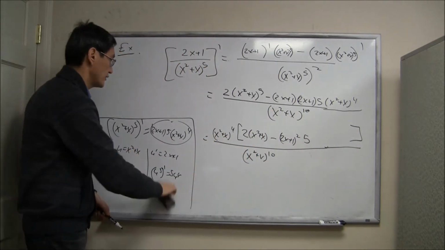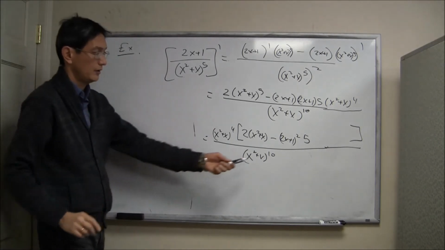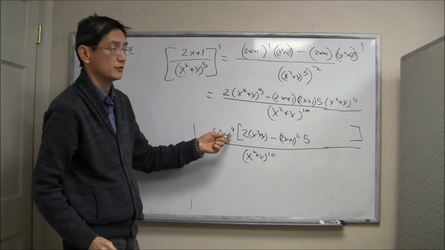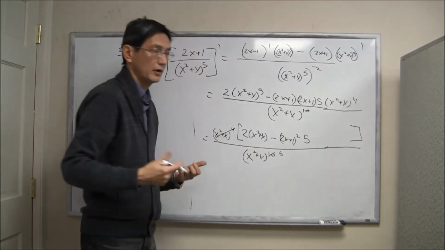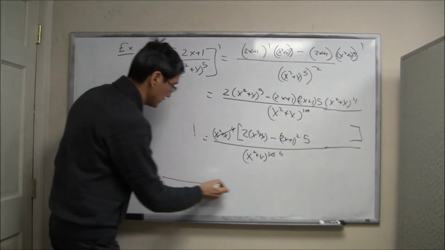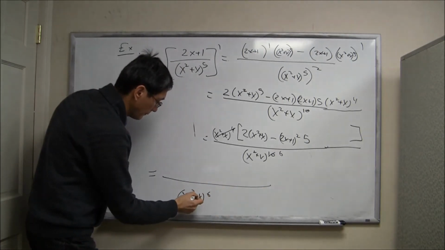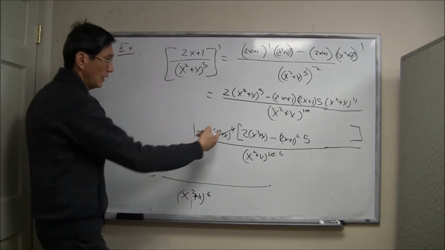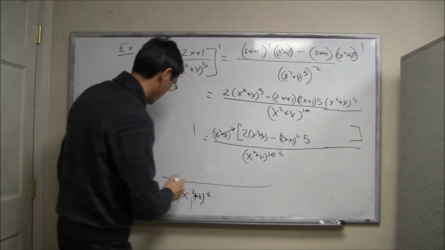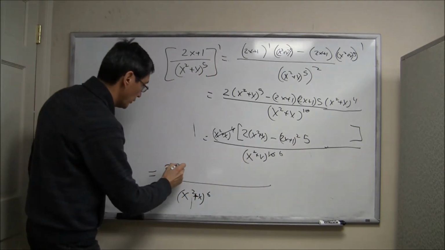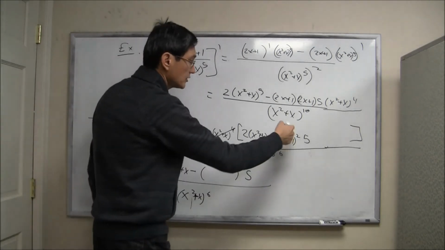Now I can do a little bit of simplification here, because I have 10th power, x squared plus x, and I have x squared plus x to the 4th power, so I can reduce that into x squared plus x to the 6th on the bottom. And then, of course, here I'm going to multiply 2 out, square that expression, so I'm going to get 2x squared plus x minus 2x plus 1 squared.